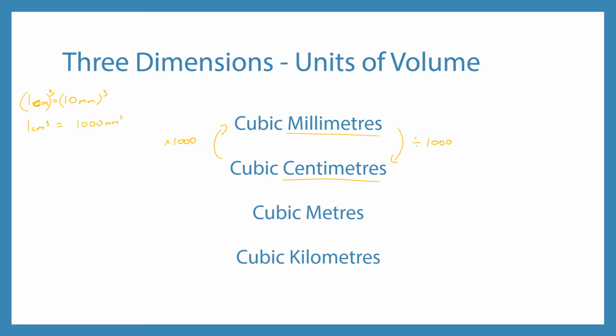We times by 1,000. Next is from meters and centimeters. 1 meter is 100 centimeters. We cube that. We get 1 cubic meter is 1,000,000 cubic centimeters. So we times by 1,000,000, or we divide by 1,000,000.